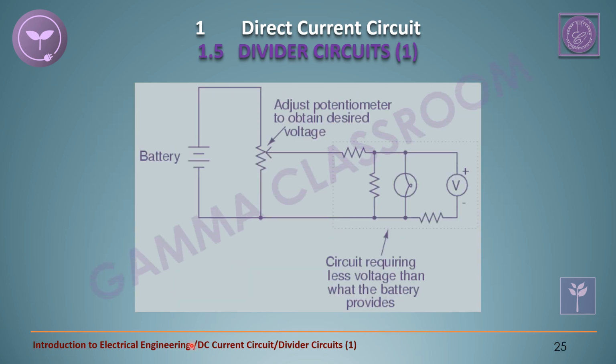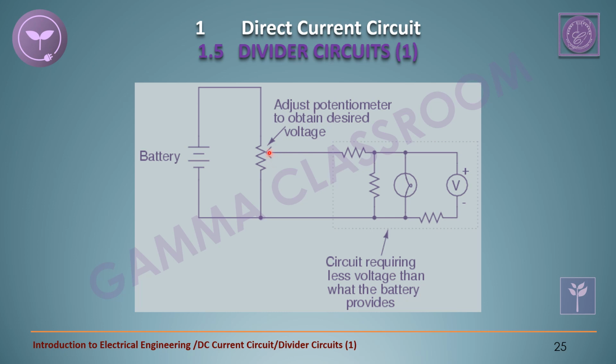This is a complete schematic diagram for the potentiometer. This is a battery. We can get different voltage levels by using a different battery. This is an adjustable potentiometer to obtain the desired voltage.